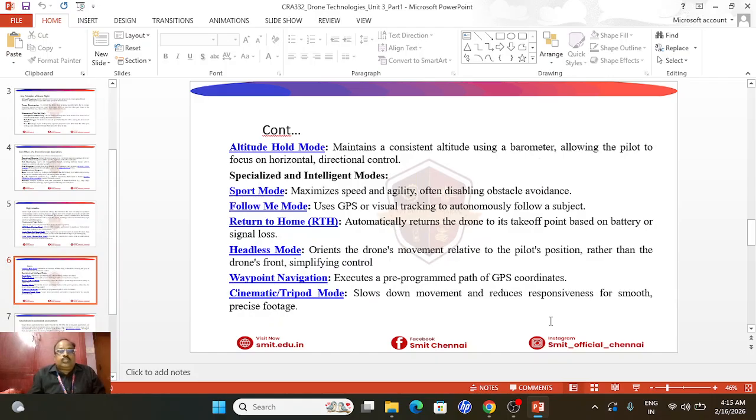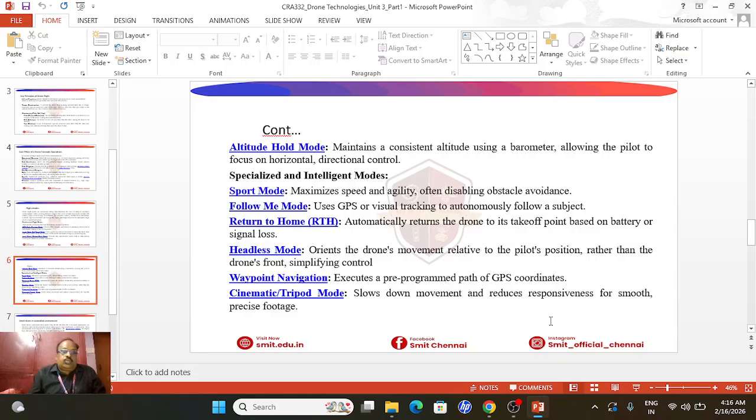Continuing with flight modes, the altitude hold mode maintains a consistent altitude using a barometer, allowing the pilot to focus on horizontal or directional control. Among specialized and integration modes, we have sport mode, which maximizes speed and agility, often disabling obstacle avoidance.